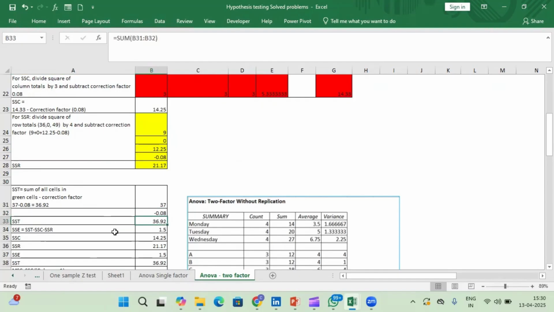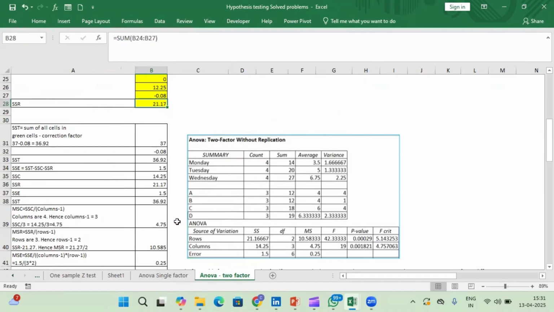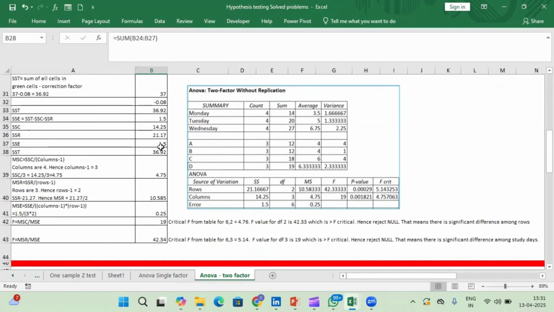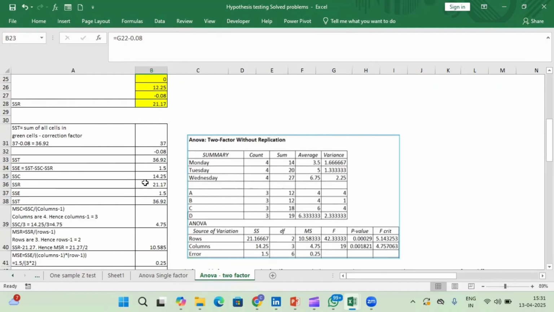SSE is SST minus SSC minus SSR. So 36.92 minus 14.25 minus 21.17, and that value comes to 1.5.